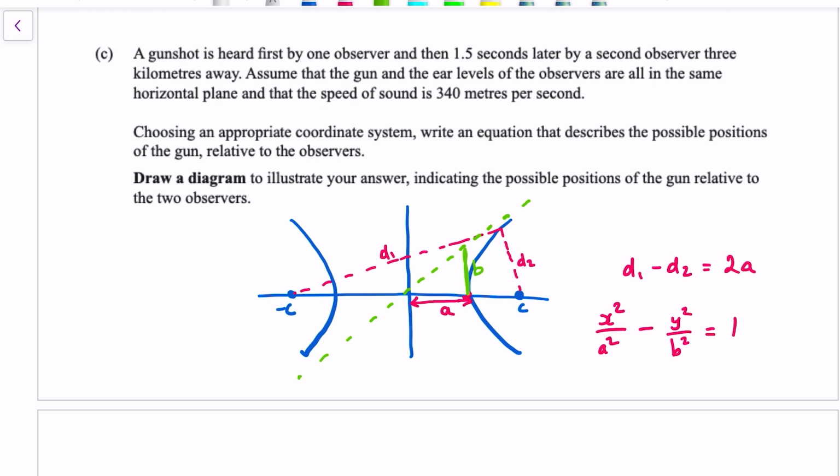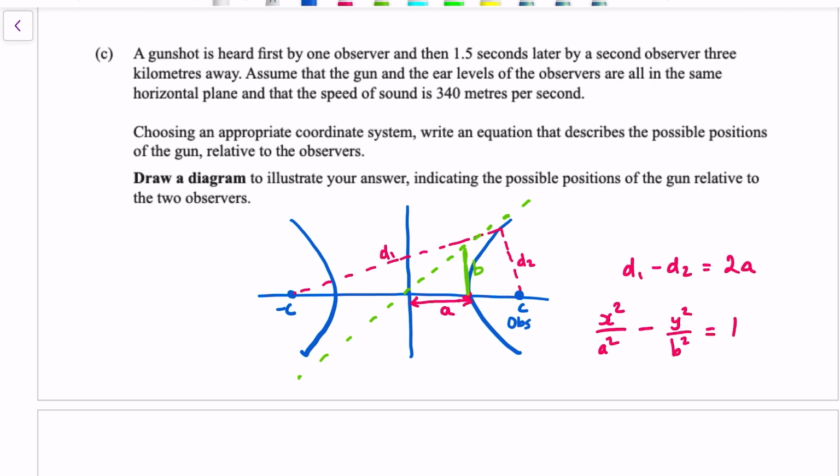Why am I drawing a hyperbola for this? It asks you to draw a diagram to illustrate the possible positions of the gun relative to the two observers. So if we say that the observers here are at the focal points, so if I go observer, who hears the gun first?